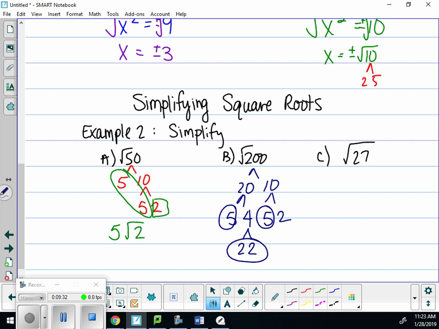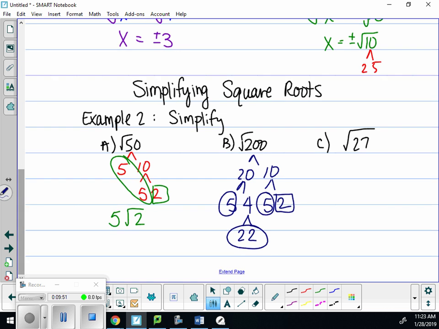Now, I cannot pair these 2s with this 2. We only take 2 at a time. If there are 15 of them, 14 of them will pair up, and you will still have a loner left behind.